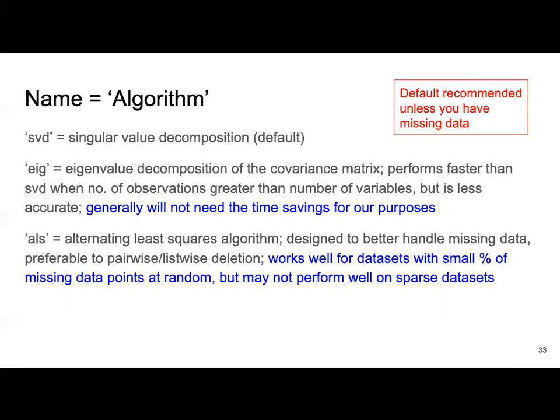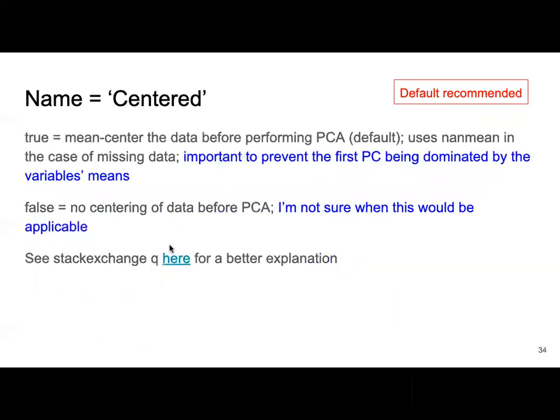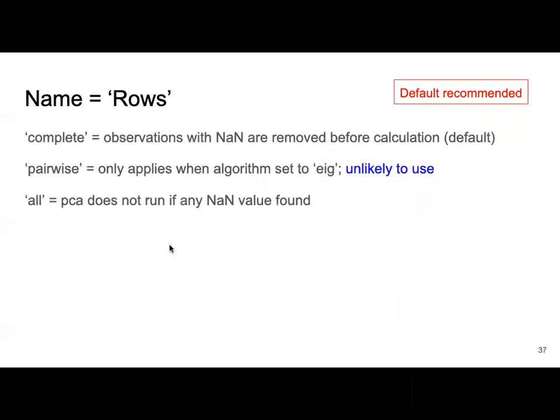For the most part, I determined that generally the default settings are fine, except for this one: if you have missing data, you might want to switch to this ALS algorithm. Otherwise, I would just stick with the defaults.